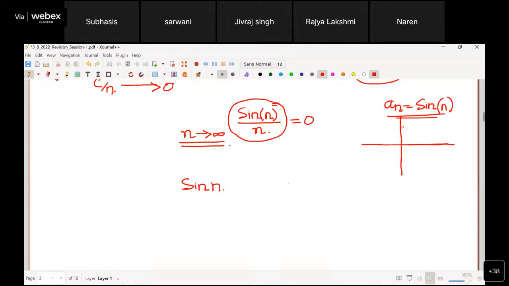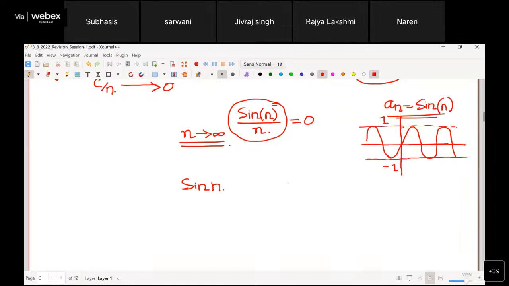If you draw the graph, it will look like this. The value always lies between -1 and 1.